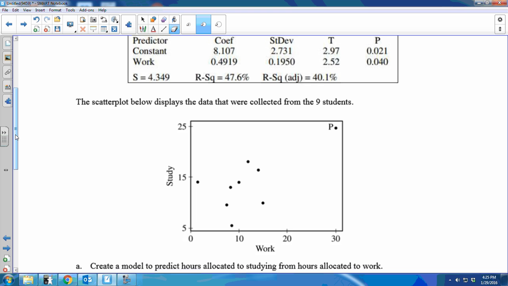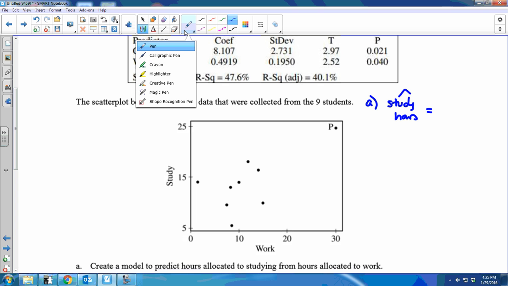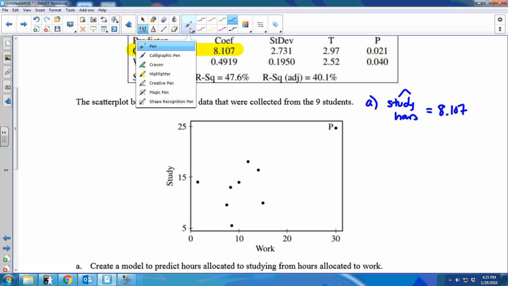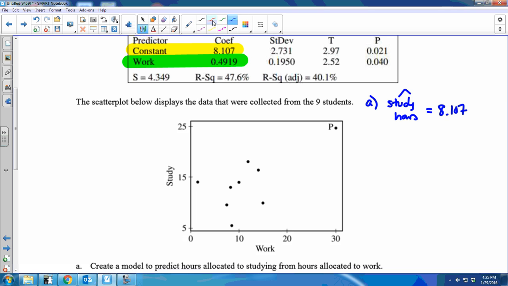If we're going to predict hours allocated to studying, we have study hours hat equals the y-intercept. The y-intercept is the one that says constant next to it, 8.107, plus the slope times x. The slope is the one that has the variable next to it.